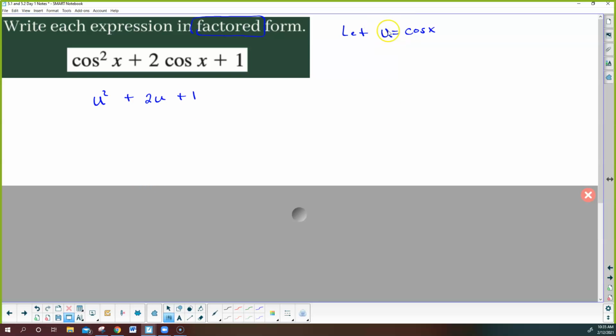I could have used x, but since I already have cosine of x, I wanted to pick a different variable. But notice, we're just basically doing u substitution, which is a method I'll teach in calculus next week, by the way. Well, what are we going to do now? We did u substitution.